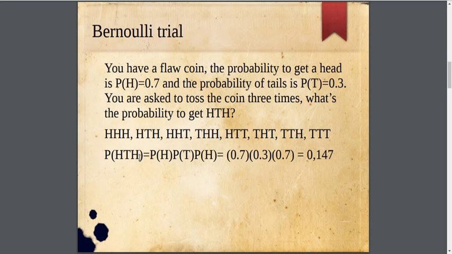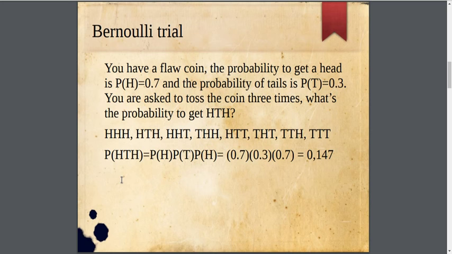To obtain the probability, we have to take into account the chain rule, which basically says that if you have independent events and you want to know the probability for all those events to occur in only one experiment, you only have to multiply the individual probabilities. You have to multiply them all. We already know the probability to get a head and a tail, so we just have to replace those values here.